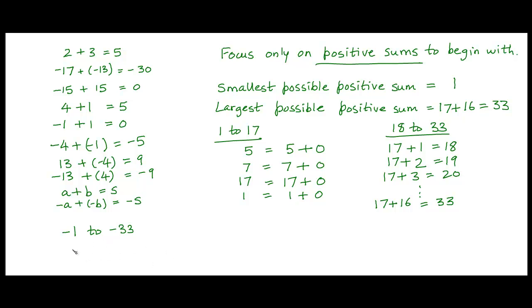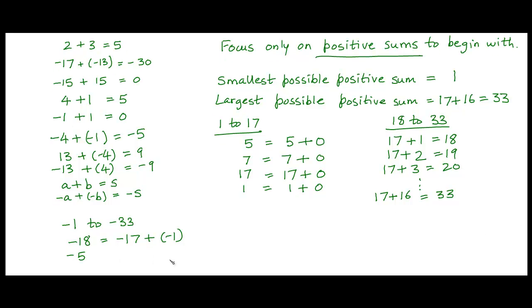For example, if we want to generate -18, we can generate it by picking -17 and -1 from the given set. If we want to generate the number -5, we can do that by adding -5 and 0 together.